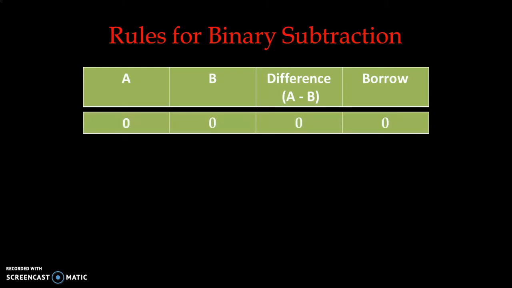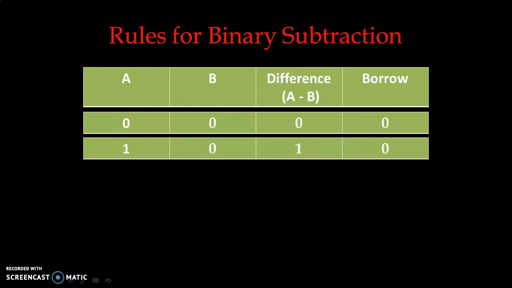So we have the first condition, that is 0 0. So 0 minus 0, both values are equal, so the difference is 0 and we do not need any borrow, right?